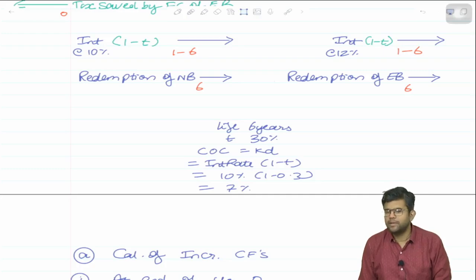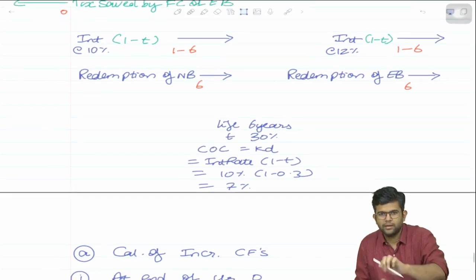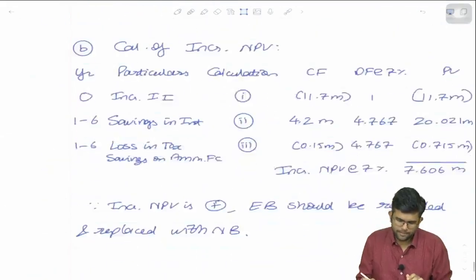And in the heading, please give heading convertible bonds. Module number what now? 9. Module 9.